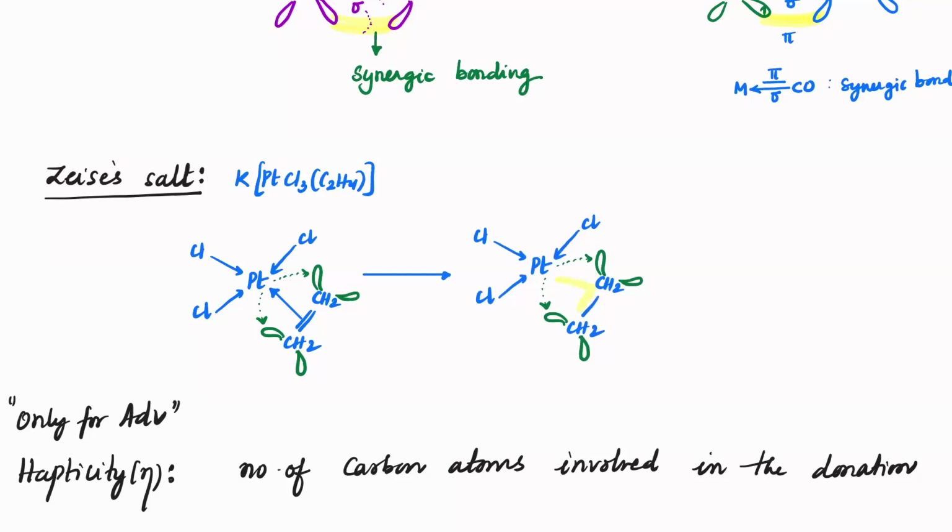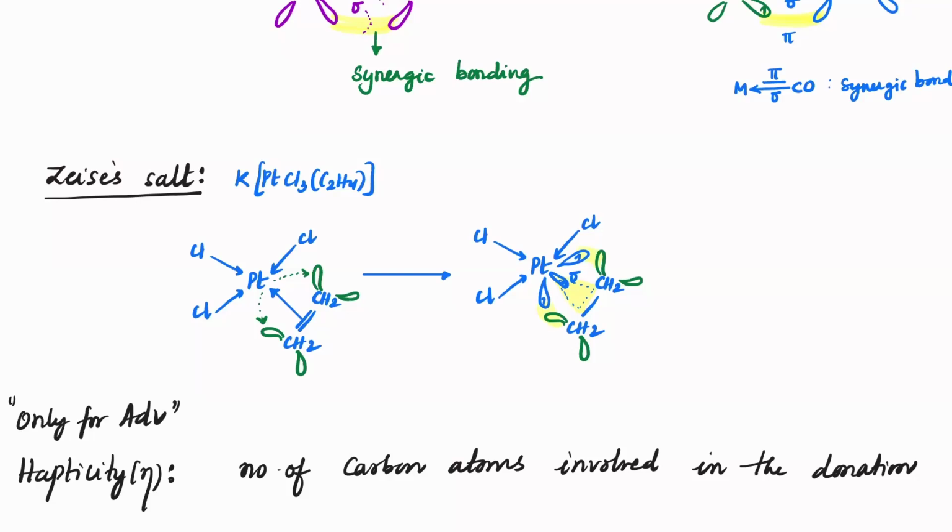This is a bond which is like a sigma bond. So that entire pi bond is converted into a sigma bond. And here the overlapping between these two orbitals is coming from the platinum's d orbital. So one electron here, and it will make a pi bond one on this side, one on this side like this.